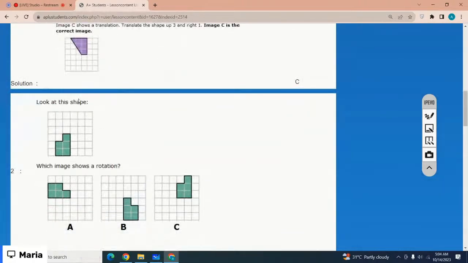Look at this shape. Which image shows a rotation? You are given three shapes A, B, C. You need to see which one shows the rotation. No, B is the reflection.